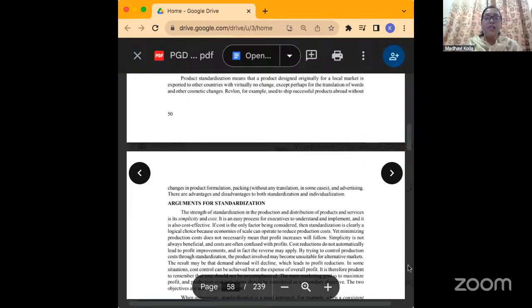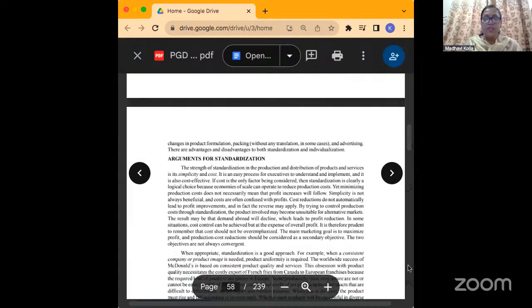We are trying to customize it, localize it, so that it suits the sensibilities of the local market. It is in accordance with their culture, their approach to product consumption, the government rules and regulations. At the same time, we are also saying that the changes are not major, they are minor, so that there is a higher adaptation internationally.